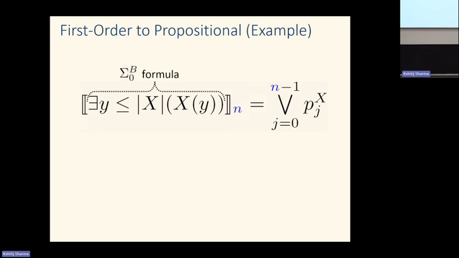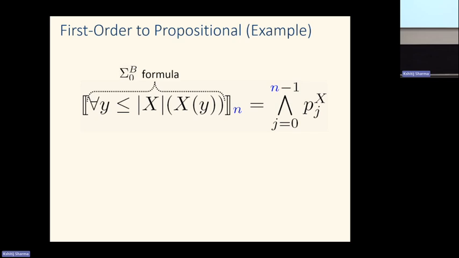You can see the essence of this translation: a first order logic statement can be very easily translated into propositional logic. If there exists a bit that is 1 in x, then it's just a big OR, right? And then for x_y, I give it a propositional variable, p_j of x. So it's the OR of all of them.